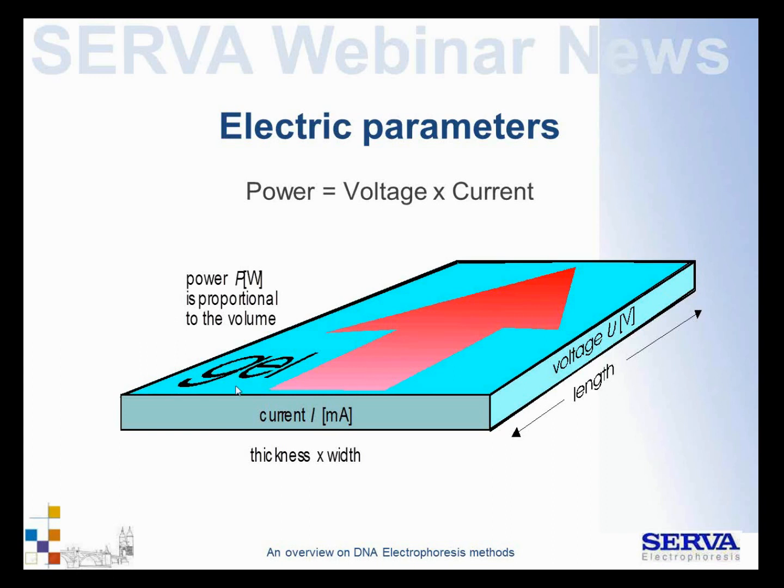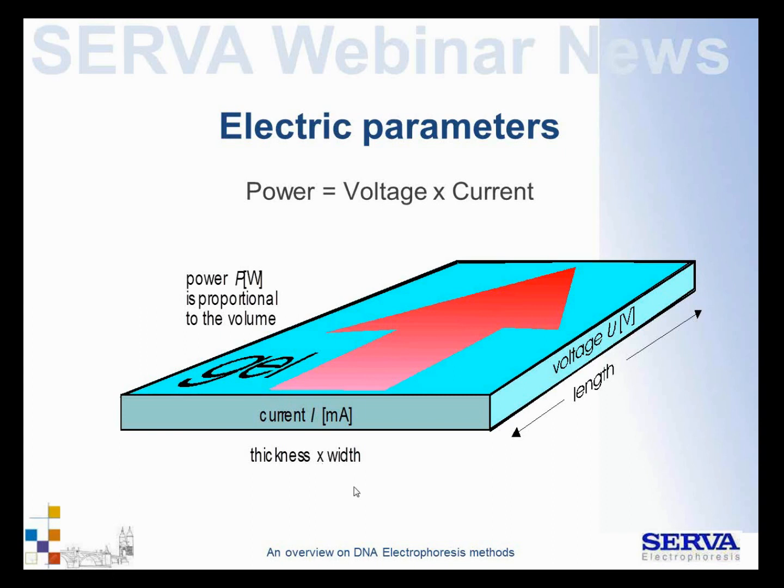And the other is important to know: the conductivity, the current which goes through a gel, is dependent on the thickness times the width, the cross-section of the gel. So if you run several gels with one power supply, you have to multiply the current setting, the maximum current setting.